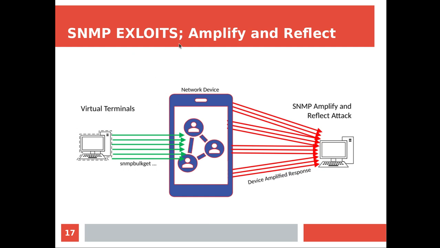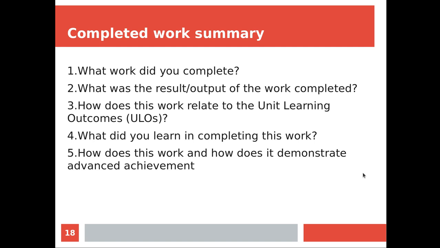So the amplify and reflect again, we can see here we got the SNMP bulk get command being delivered to a network device and then redirected onto a victim's computer. So there's been a bit of research to put this together.